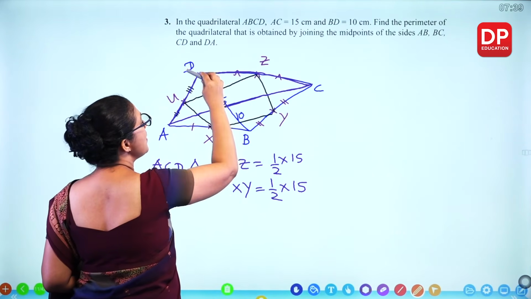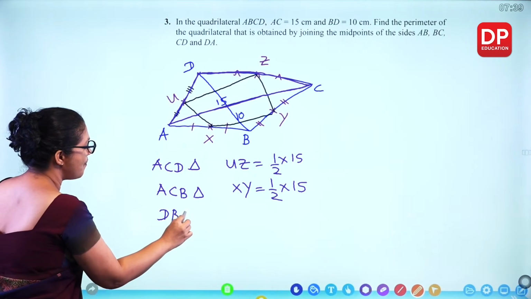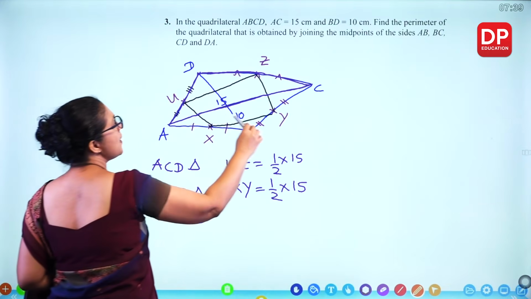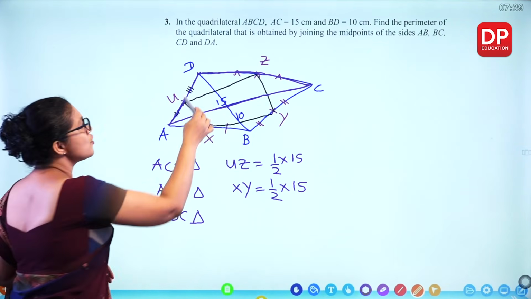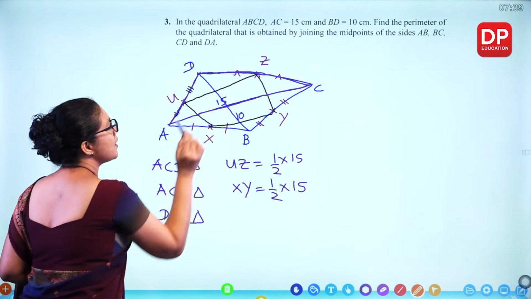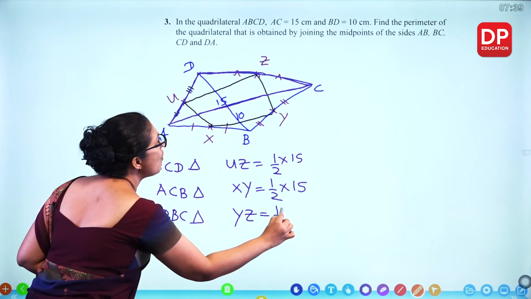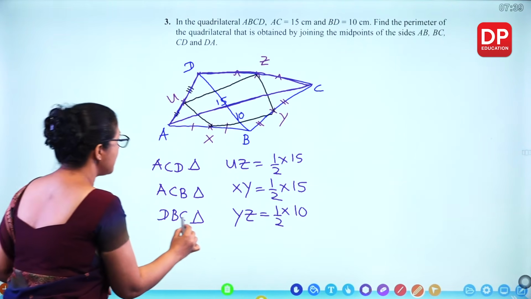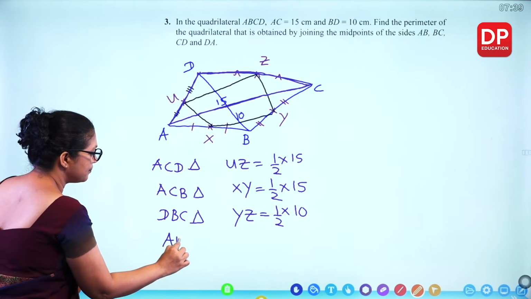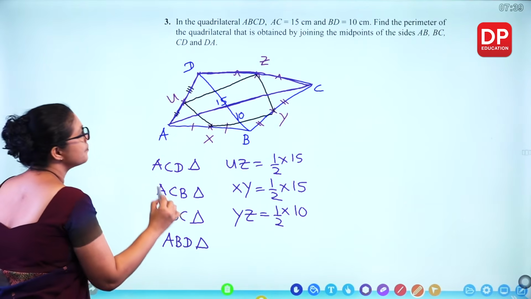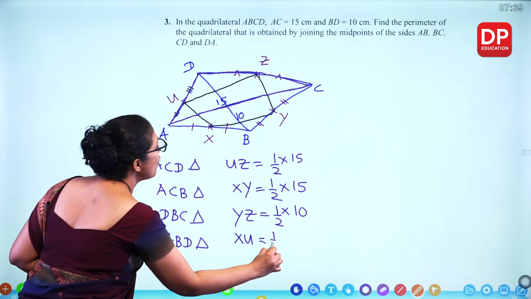When you take the other way, DBC triangle, Z and Y both are midpoints. So this is 10. What can you say about YZ length? That's half of 10. And also when you take ABD triangle, what can you say about XU length? Half of 10.